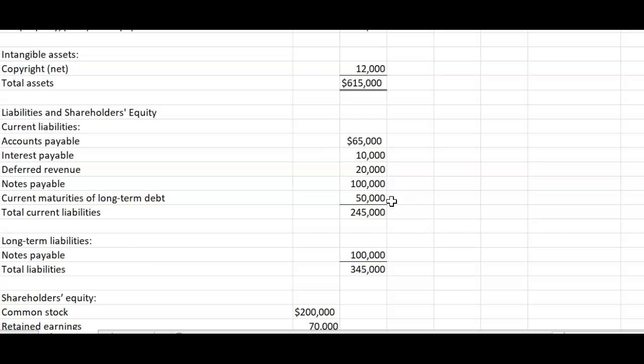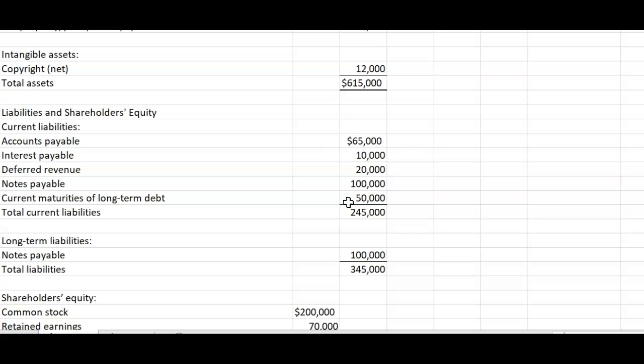They specifically said in additional information requirement 3, the notes payable account consists of a $100,000 note due in 6 months and a $150,000 note due in 3 annual installments, with the first installment of $50,000 due in August 2022. So that current maturity of long-term debt is due August of 2022.